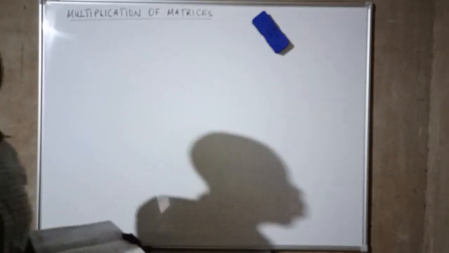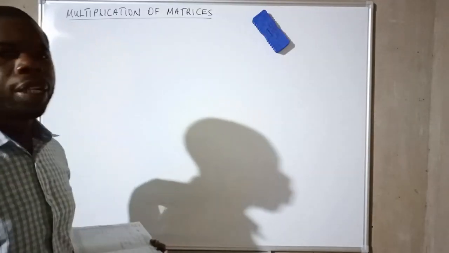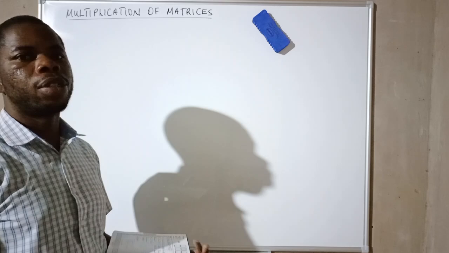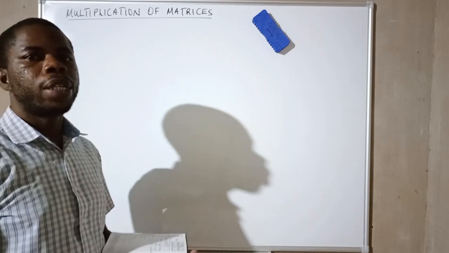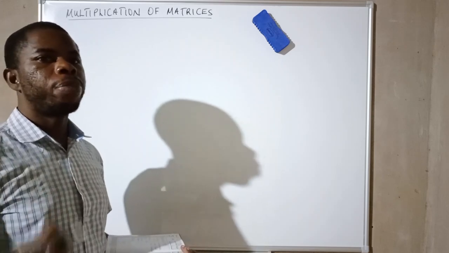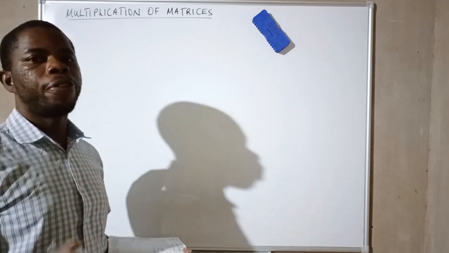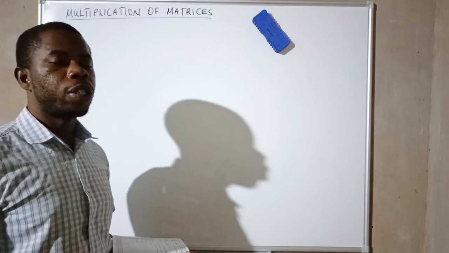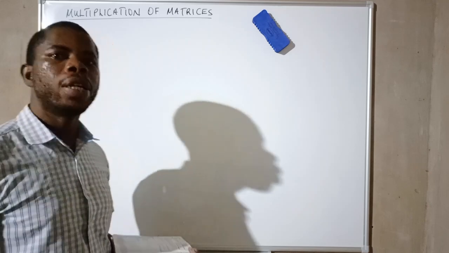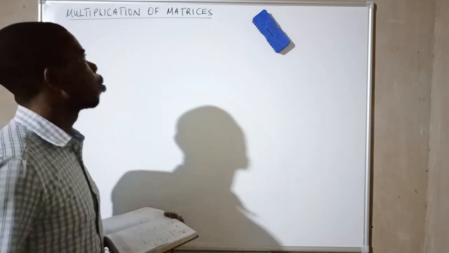Okay, so that's what we are looking at, multiplication of matrices. You must understand that matrices can be multiplied if the number of columns in the first matrix is equal to the number of rows in the second matrix.